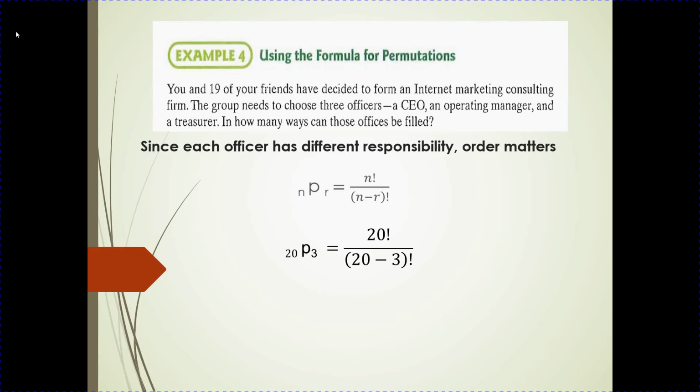Simplified, it will be 20 factorial over 17 factorial, which will be 20 times 19 times 18. Then you get 6,840. So you can group in 6,840 ways.